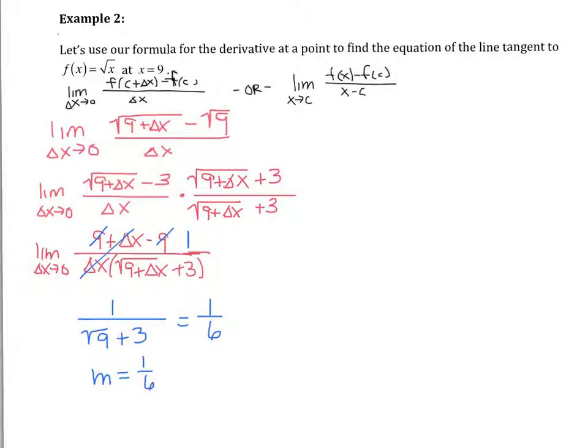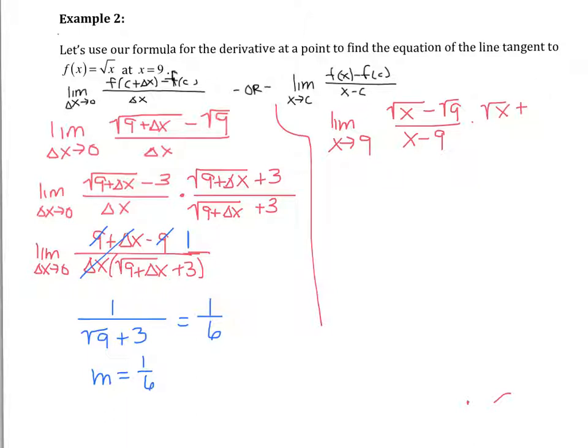If you didn't like that method of doing it, we could use our other definition of the derivative. So in this case we have the limit as x approaches 9, because that's our c value, of root x minus root 9 all over x minus 9. Well, again, we're in the same position. If we put 9 in, we get 0 over 0. So we need to rationalize.